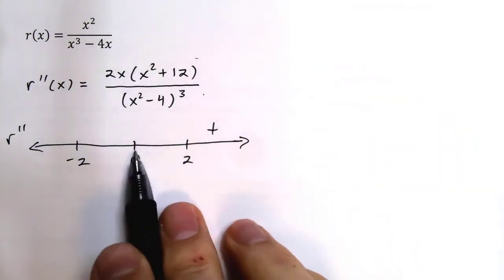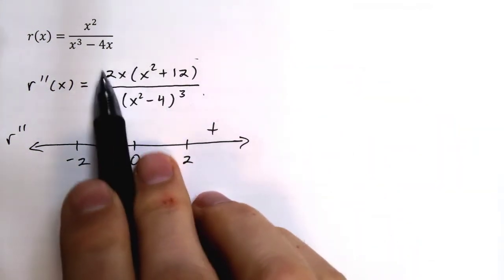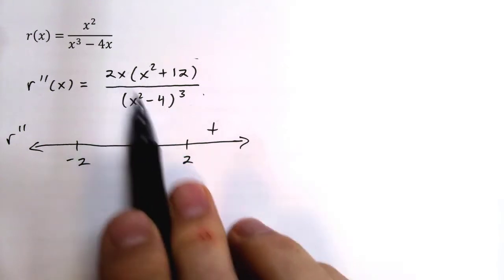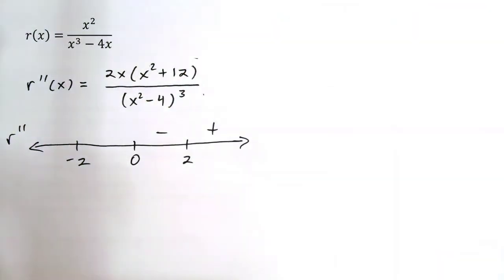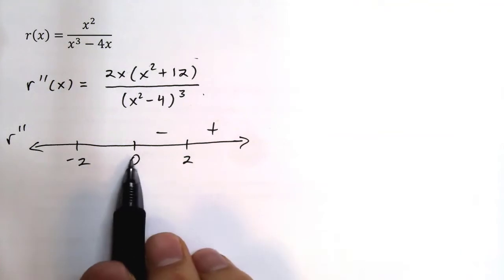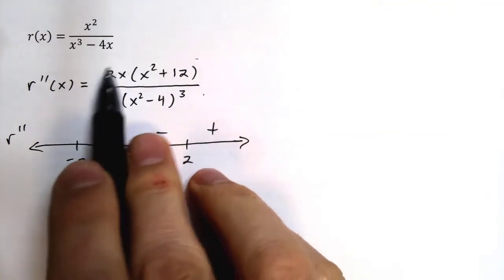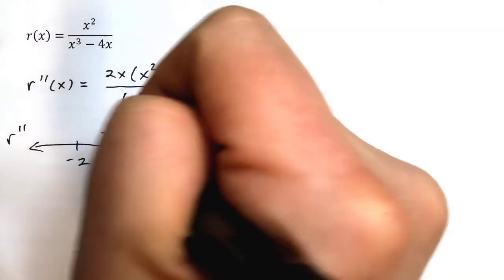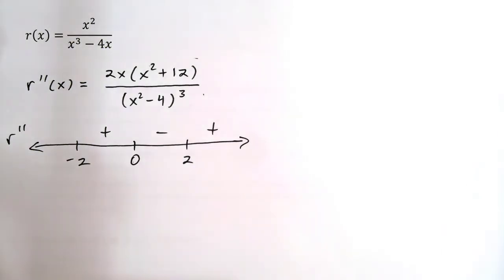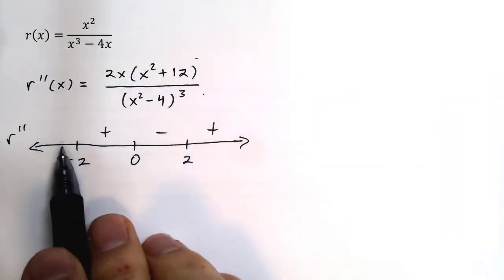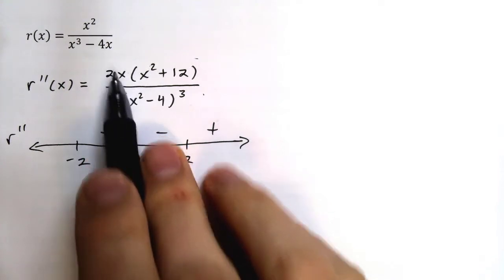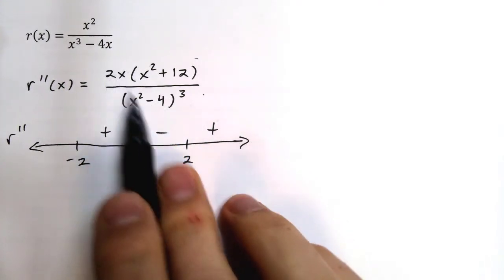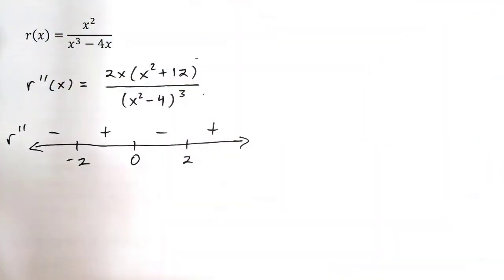Okay, what if x is between 0 and 2? Well, this is positive, but this will be negative. So positive divided by negative is negative. What if x is between -2 and 0? Now this is negative, so the whole thing is positive. What if x is less than -2? This is negative, this will be positive, negative divided by positive is negative.